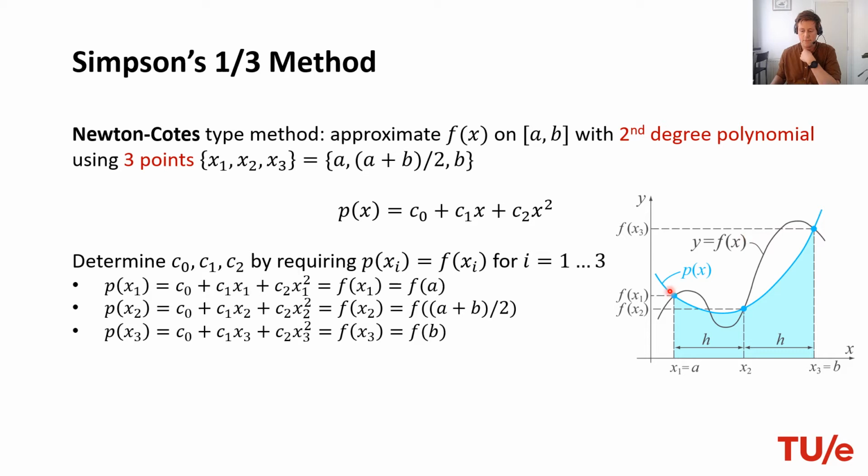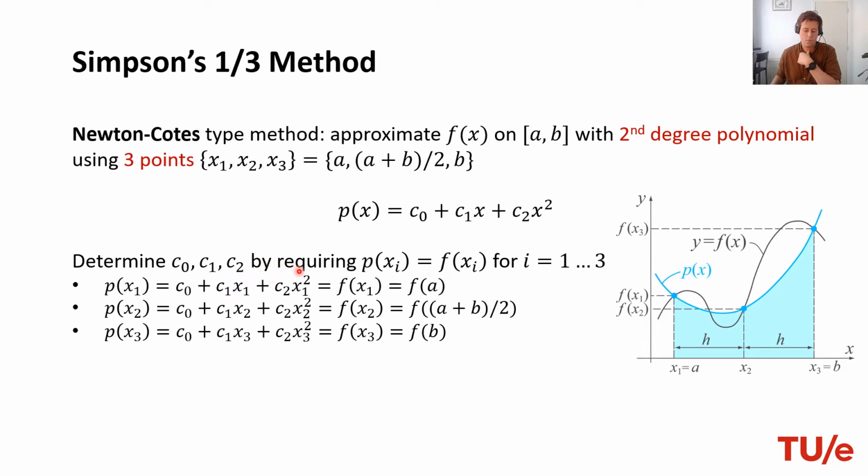So we want the blue line and the black line to coincide for x1, x2, and x3. And this leads us to, if we just plug in x1 into the polynomial, this expression, so still C0, C1, and C2 are unknown.